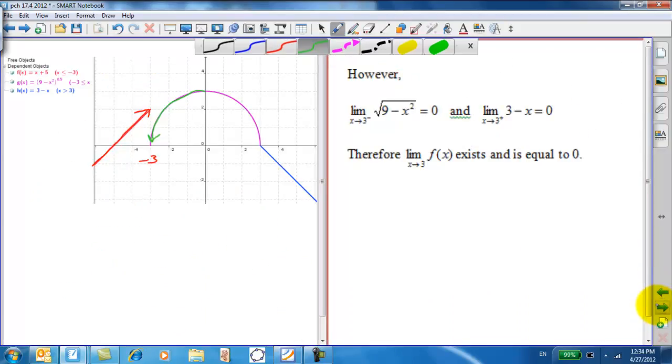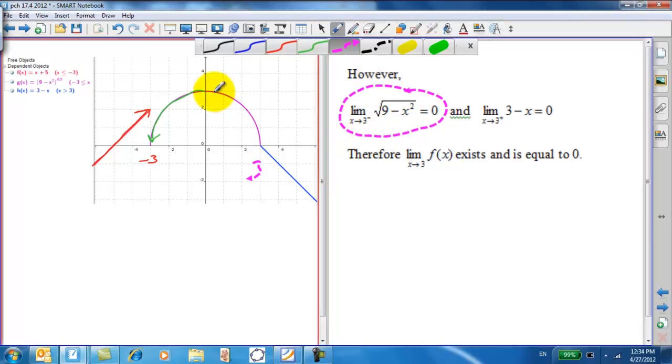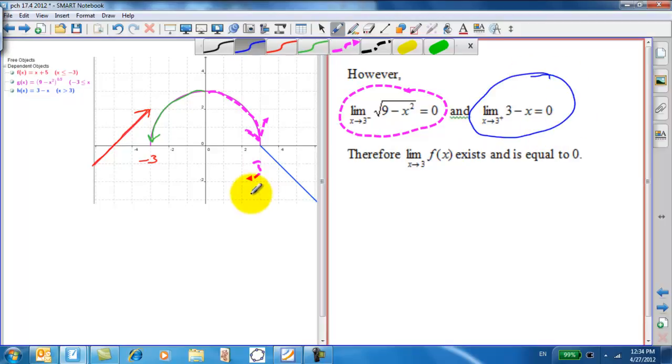Now, though, if we look at the same graph and look at the limit as x approaches 3, let's approach it from this direction again. Let's take the purple this time. Now we're going to approach 3 from numbers to the left of 3, so it's like this. And that approaches 0. If we approach from the right, from numbers bigger than 3, it goes like this.